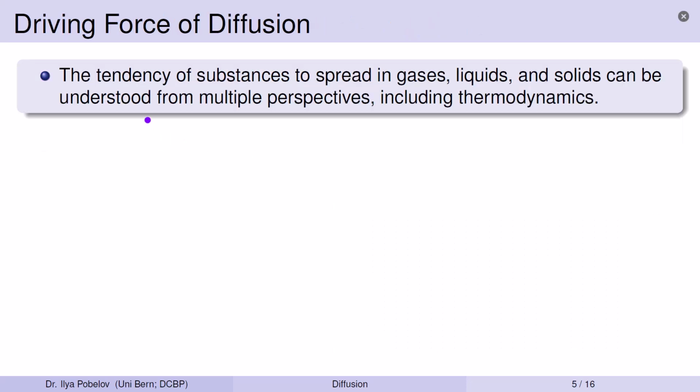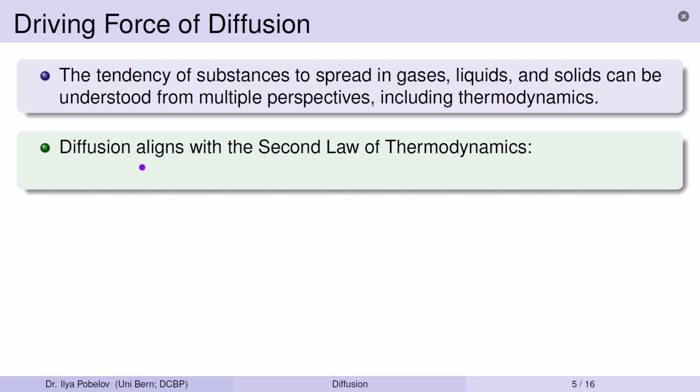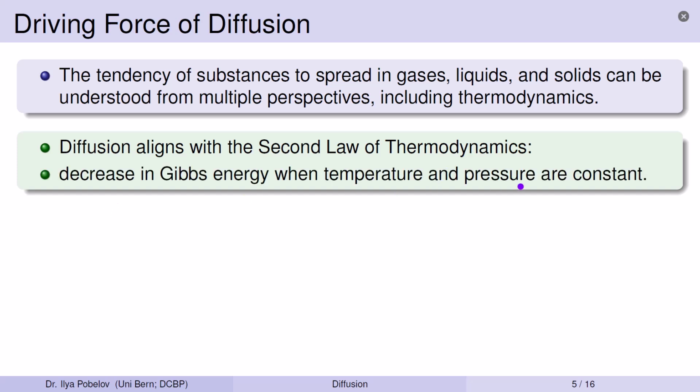The tendency of substances to spread in gases, liquids, and solids can be understood from multiple perspectives, including thermodynamics. From the thermodynamic viewpoint, diffusion aligns with the second law of thermodynamics, which states that global entropy tends to increase. When temperature and pressure are constant, this global increase in entropy is equivalent to a decrease in Gibbs energy.